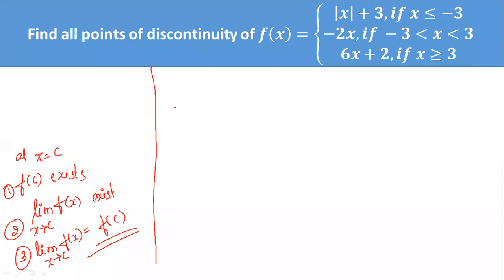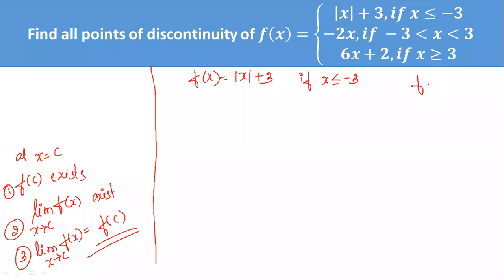Now if you see the function, it is defined in three different ways depending on the value of x. What I have defined, f of x is equal to mod x plus 3 if x is less than or equal to minus 3. But we know the definition of mod x.